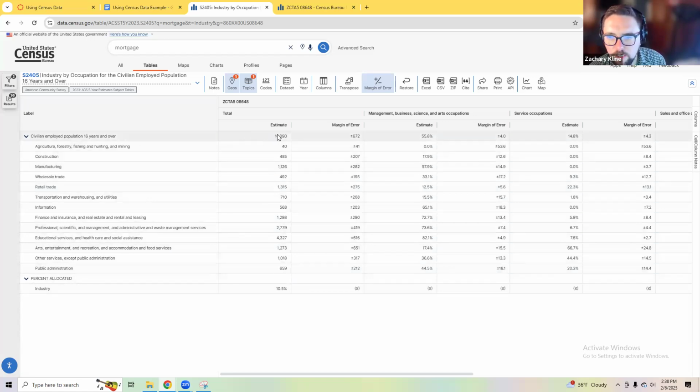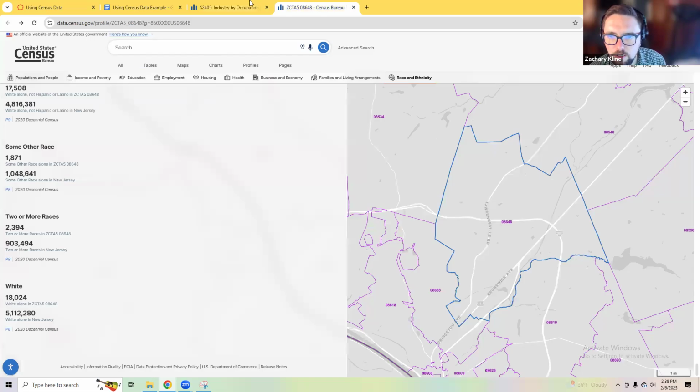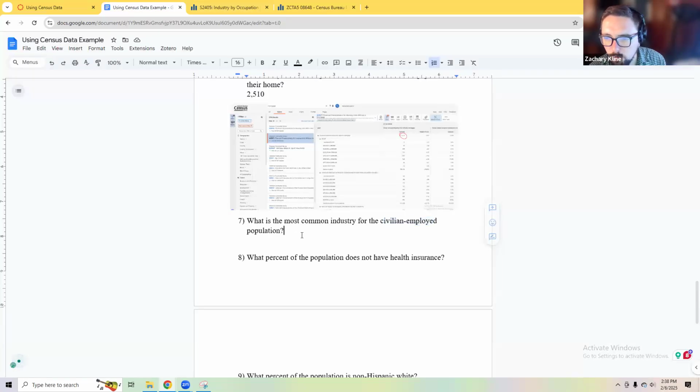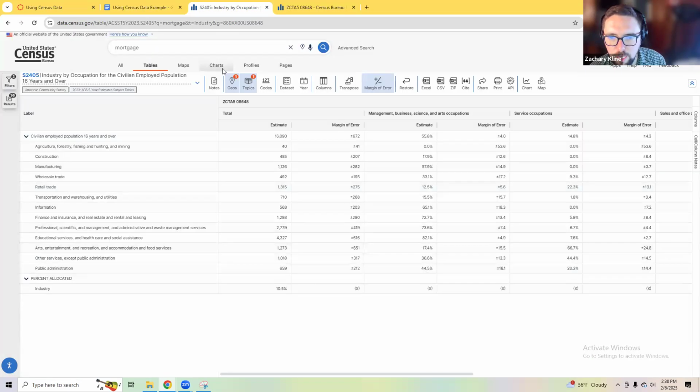So it looks like around 16,000. What is the question? What is the most common industry for the civilian employed population? We'll look for the one that has the most people in it. It looks to be educational services, healthcare, and social assistance. This seems to be the most common industry among everyone here.